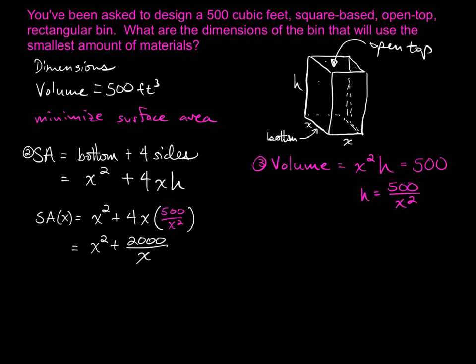Let's go back and look at this to see what a feasible domain is. If we know that the volume has to be 500 cubic feet, and the base is square, then the smallest height this box could have would approach 0. So if we wanted to find the biggest dimension for x here, I think we would just have to set x squared, this base, equal to 500.